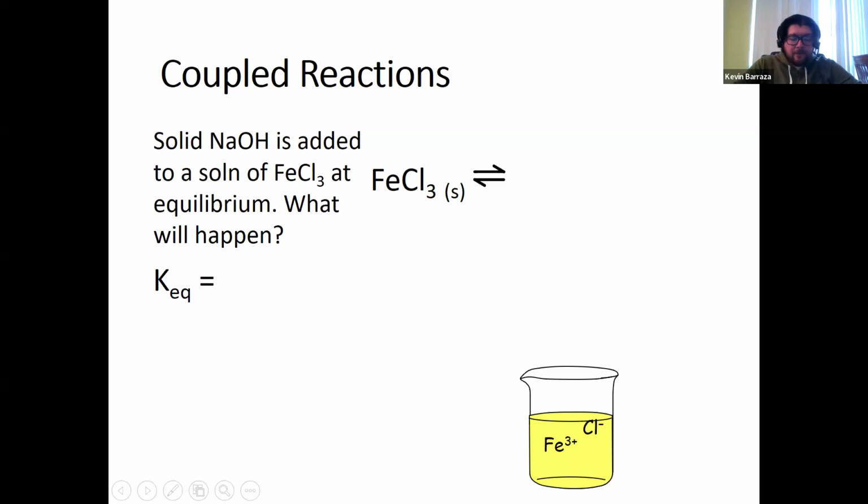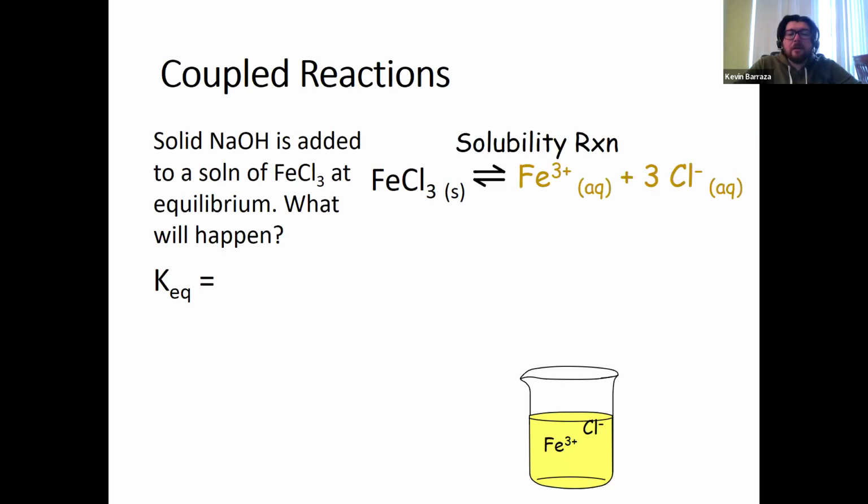So if this is at equilibrium, this will be our dissociated solubility reaction. The first thing is, if I have an equilibrium solution of a salt, then my equilibrium reaction is the solubility reaction. FeCl3 solid makes Fe3 plus aqueous plus 3 Cl minuses.